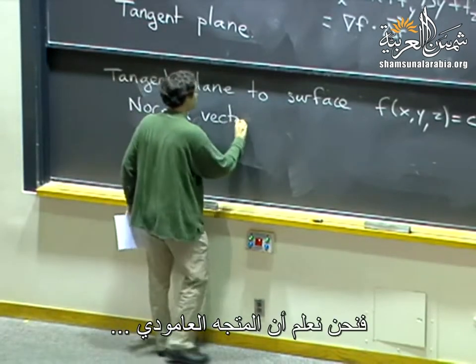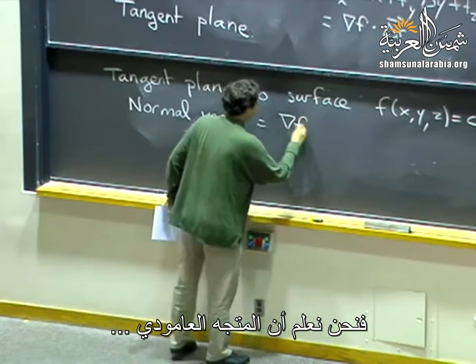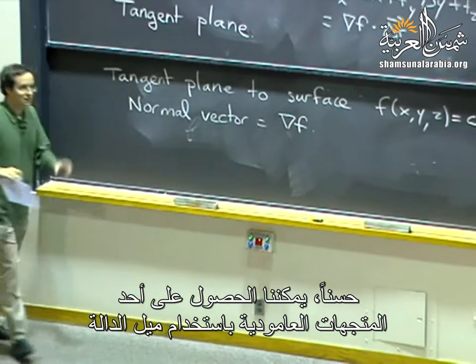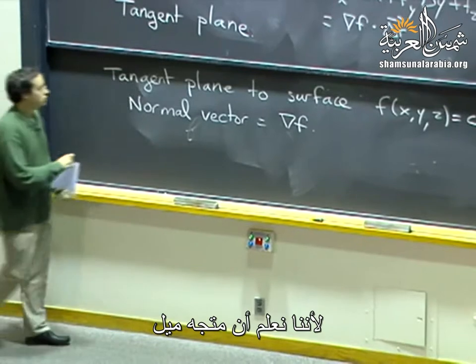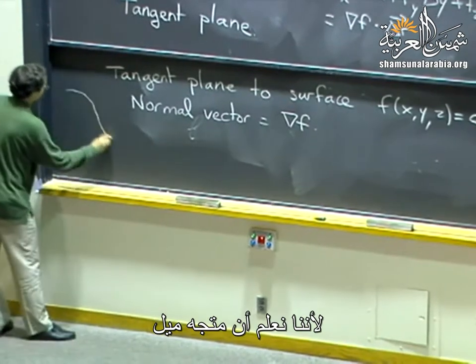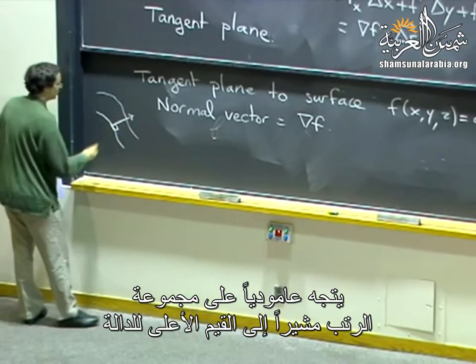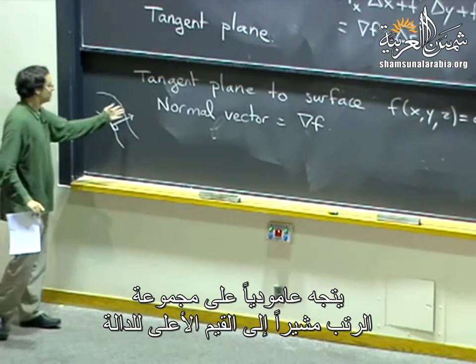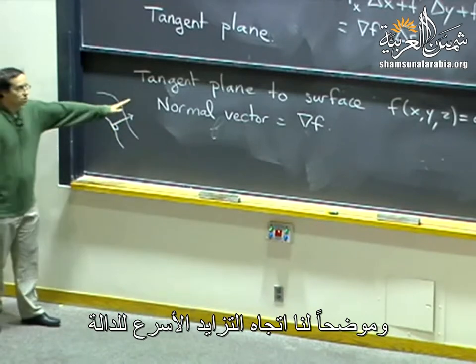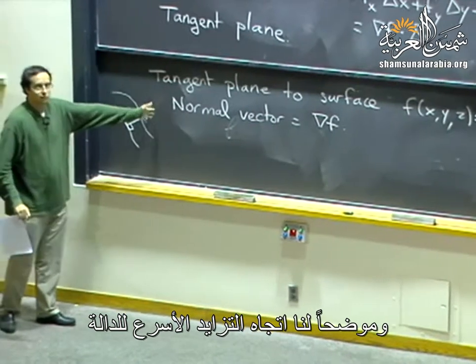One normal vector is given by the gradient of the function, because we know that the gradient points perpendicularly to the level sets, towards higher values of the function. It gives us the direction of fastest increase of a function.